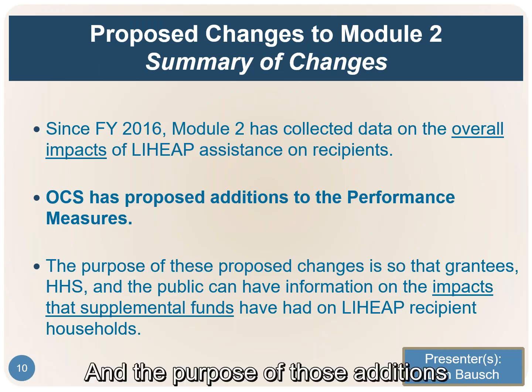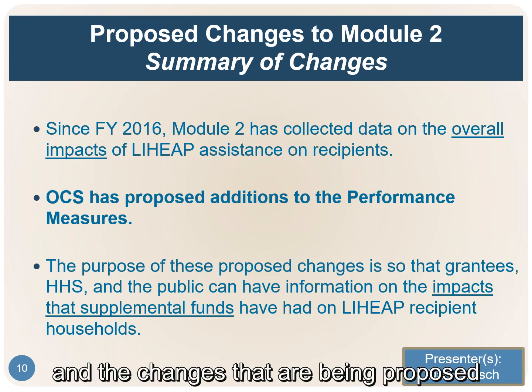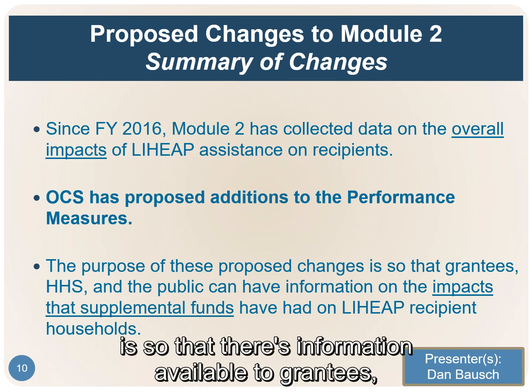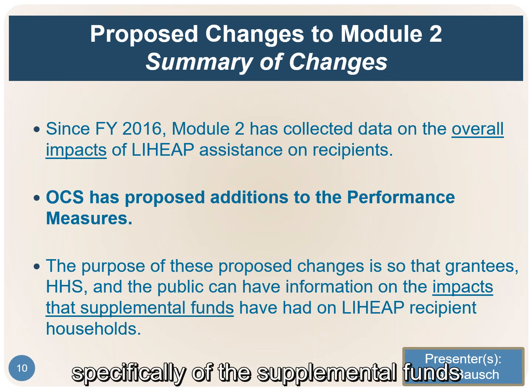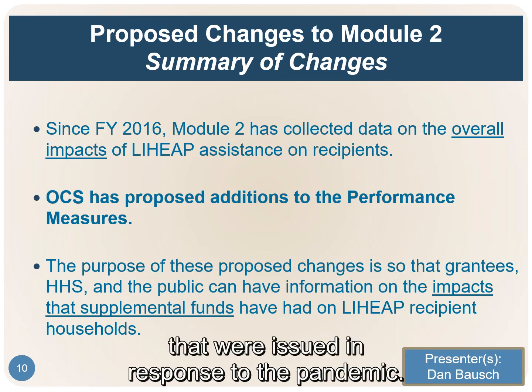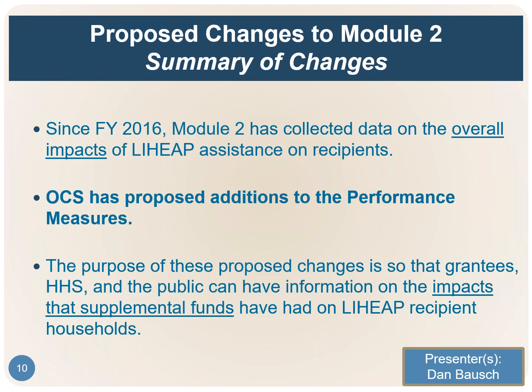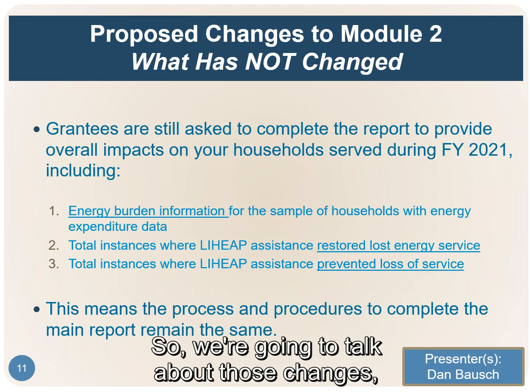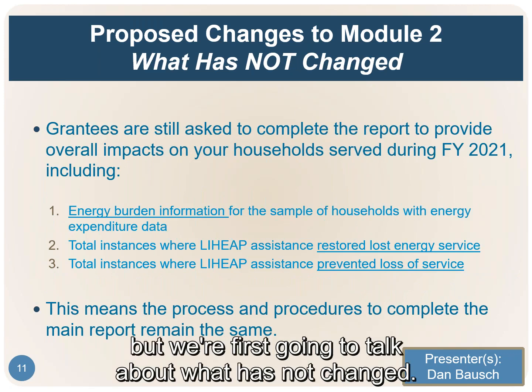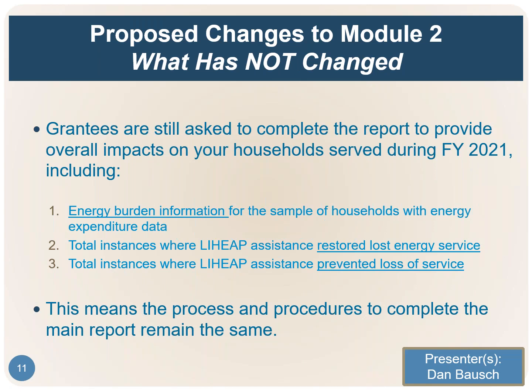And the purpose of those additions and the changes that are being proposed is so that there's information available to grantees, HHS, and the public on the impacts specifically of the supplemental funds that were issued in response to the pandemic. So we're going to talk about those changes, but we're first going to talk about what has not changed.